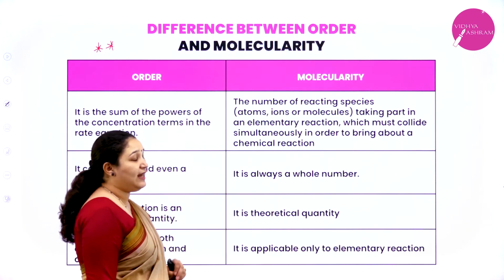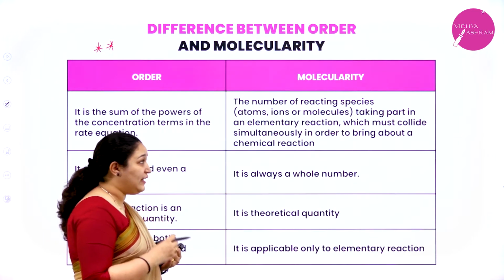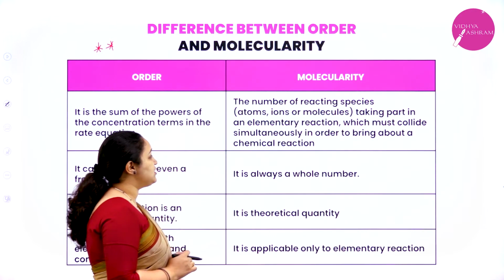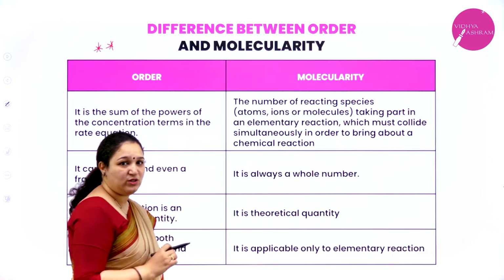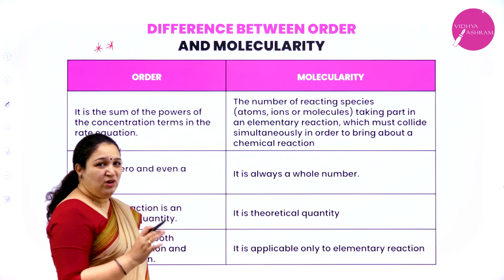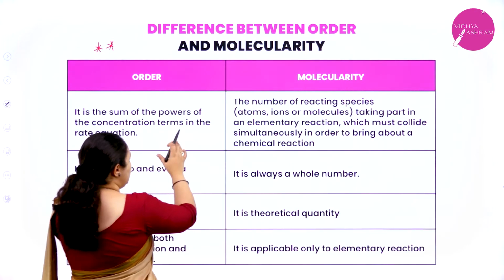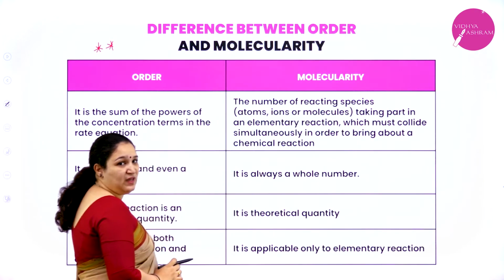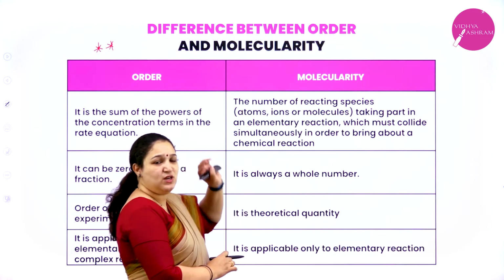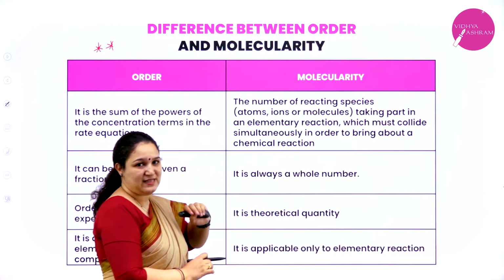But molecularity is the number of reacting species taking part in an elementary reaction, which must collide simultaneously in order to bring about the chemical reaction. So we first write the exact definitions. Here it is the sum of the powers, here it's the number of the reacting species.